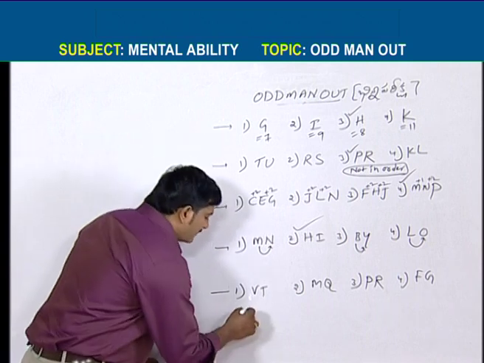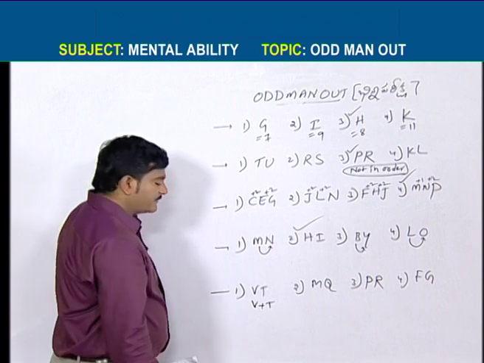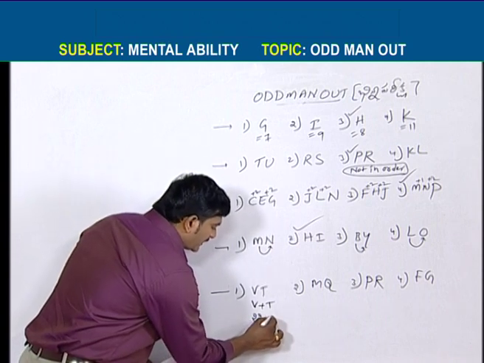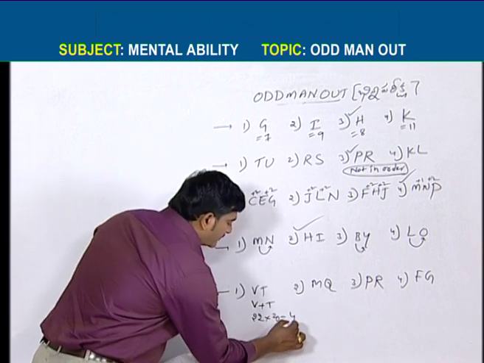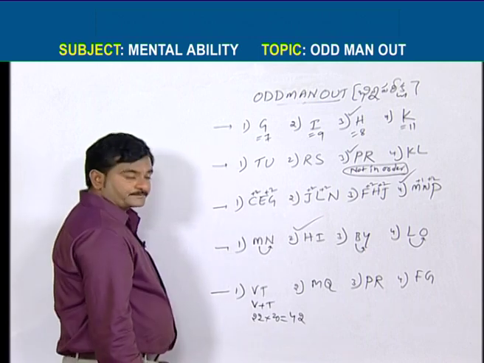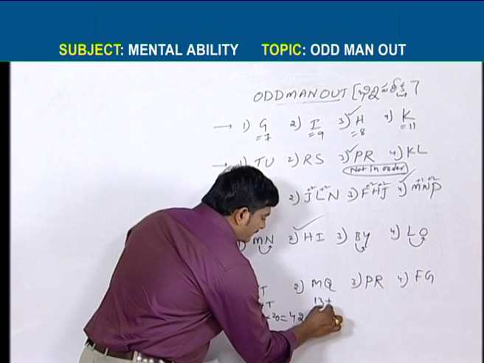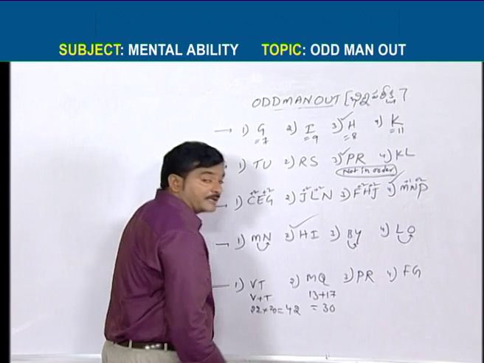See, observe here. I am finding the V plus T value. V means how much? 22. T means how much? 20. 22 plus 20, how much am I getting? 42. Similarly, MQ. M means 13, Q means 17. 13 plus 17, I am getting 30.